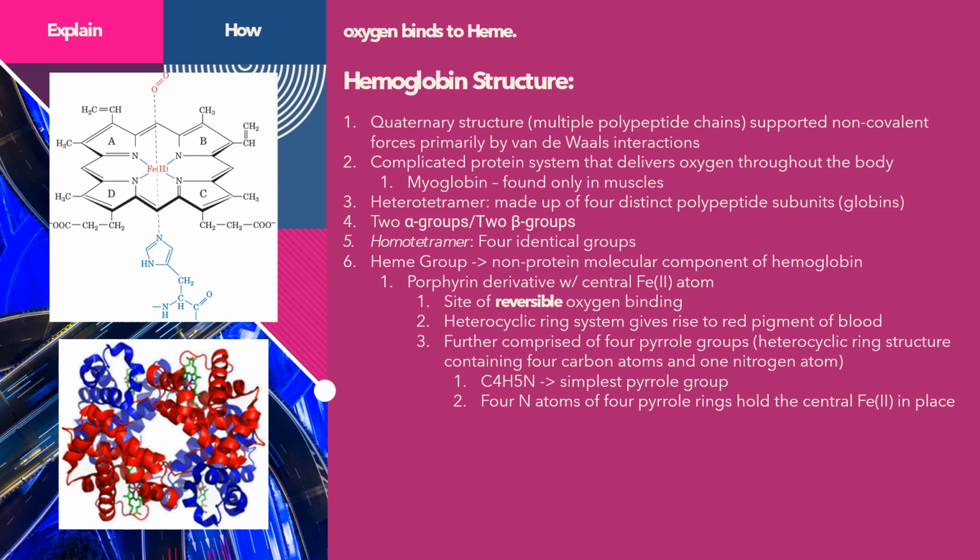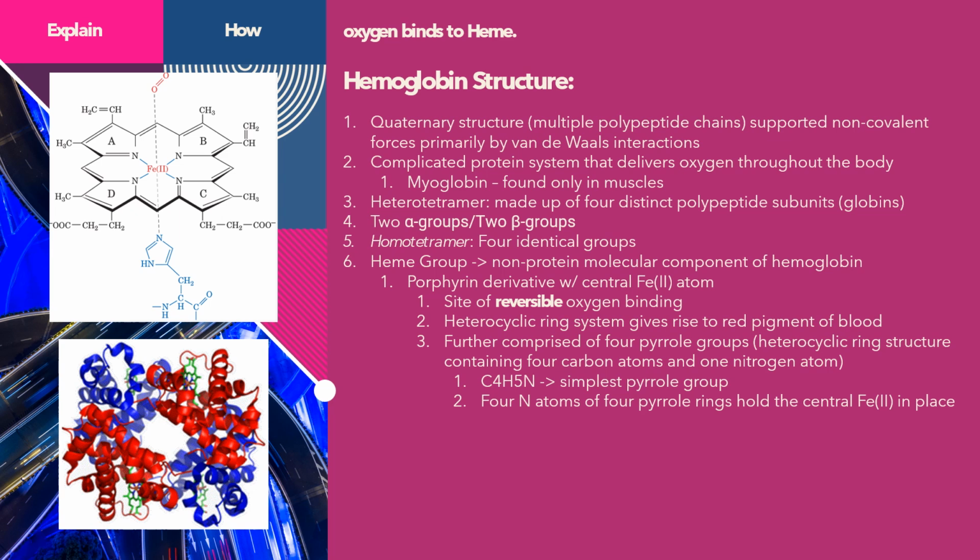Big difference between hemoglobin and myoglobin, which are both part of the globin family and both transmit oxygen: hemoglobin is found everywhere in the body, most famously in the bloodstream, and myoglobin is found only in the muscles of the body. It's a heterotetramer made up of 4 distinct polypeptide subunits, the globins, and that will be a recurring theme for the rest of this presentation, sort of a rule of 4.